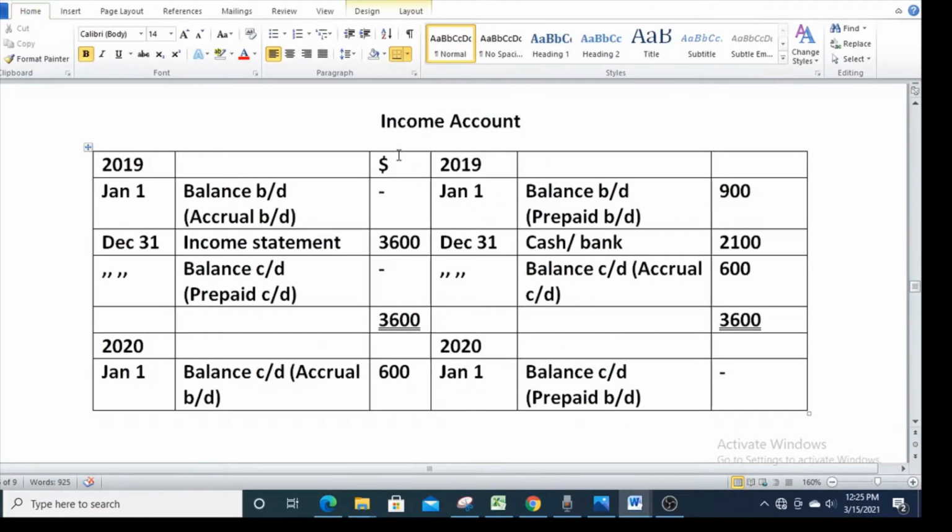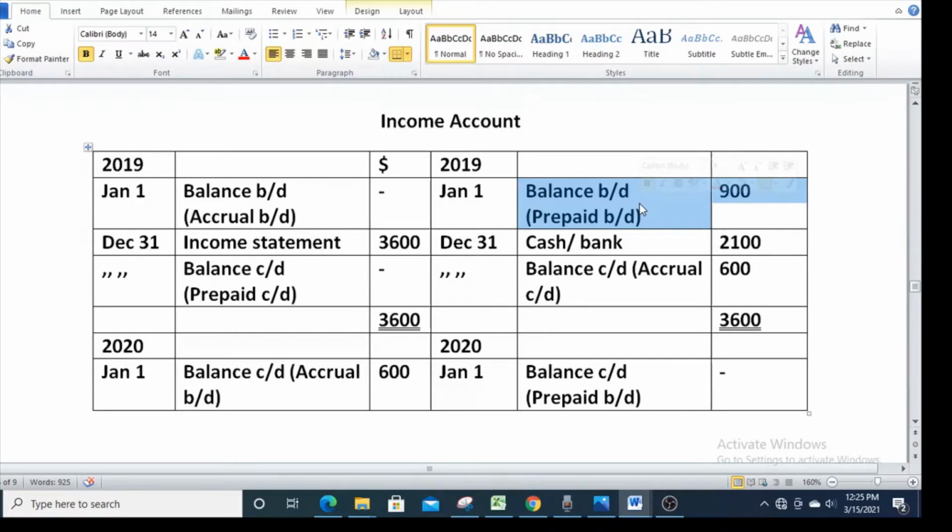So here we have this income account format. Now, annual rental is 3600. That is, the amount to be transferred to income statement is 3600. Rent received in advance is a liability. So opening liability of 900 on the credit side.